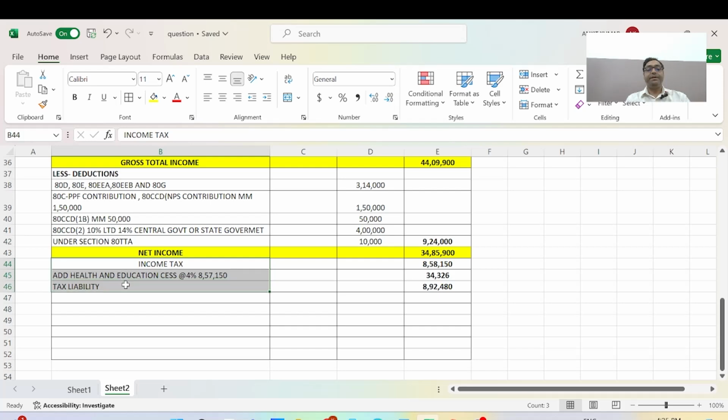This is the tax payable on the basis of the old regime.